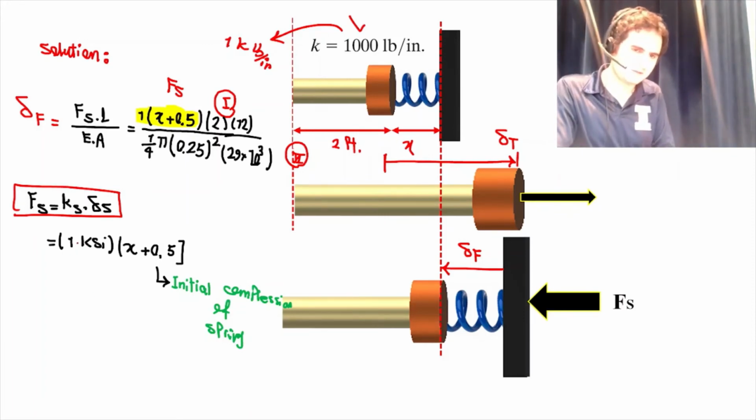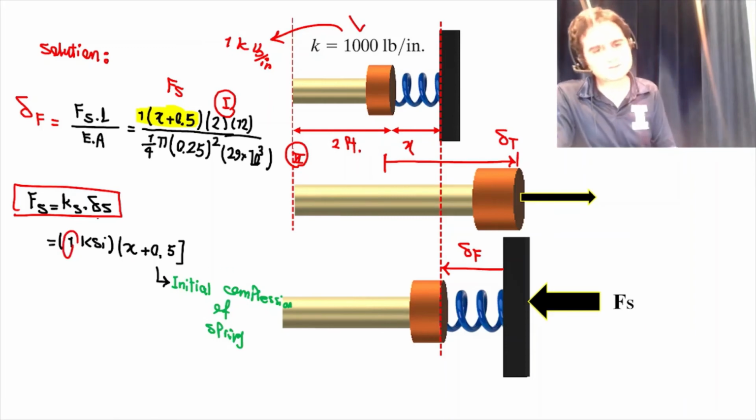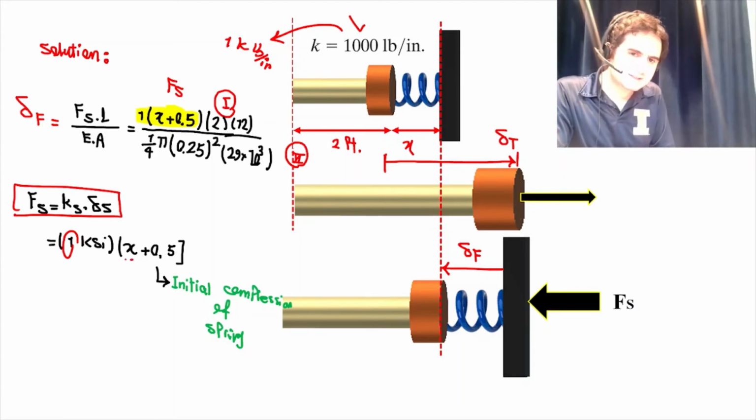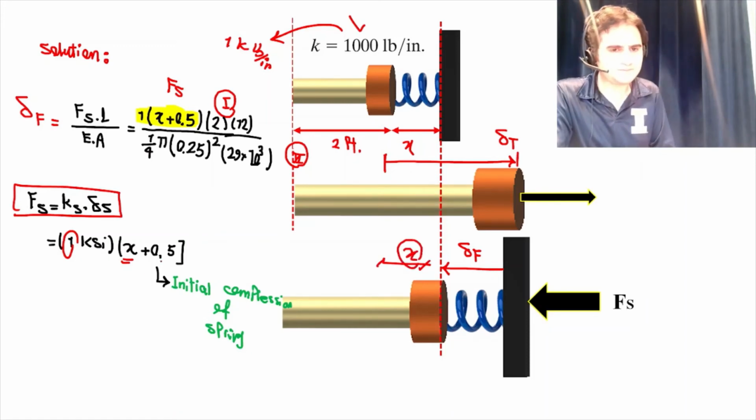So it's 1 kip per inch times x, the distance we want to calculate, plus 0.5.